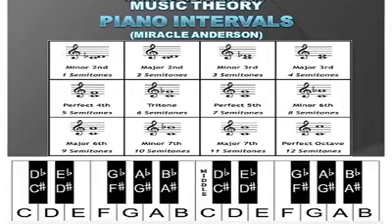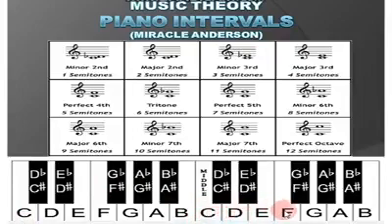Their distance. For example, the distance between C to D is an interval. The distance between C to E is another interval. C to D sharp or E flat is another interval. C to another C is another interval.